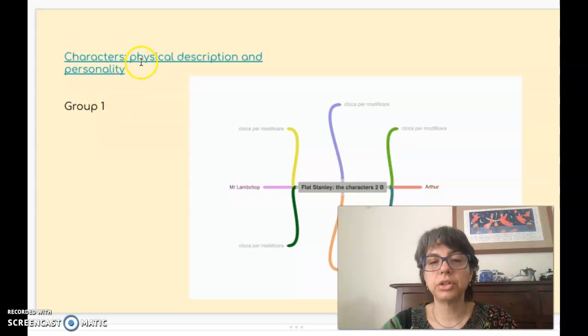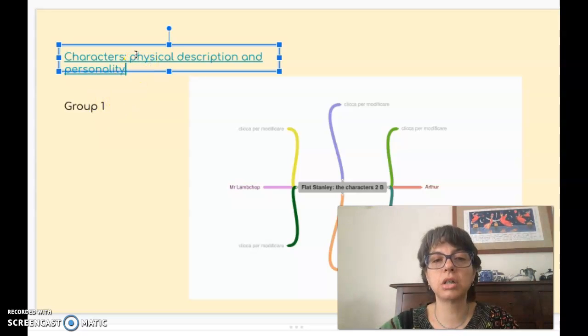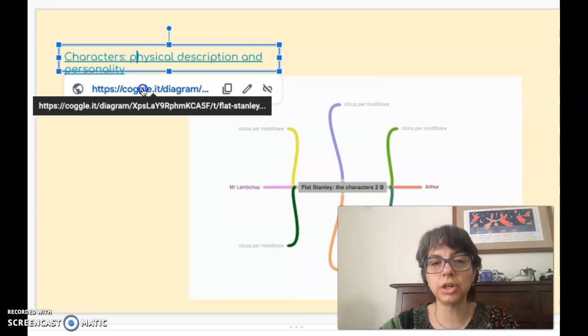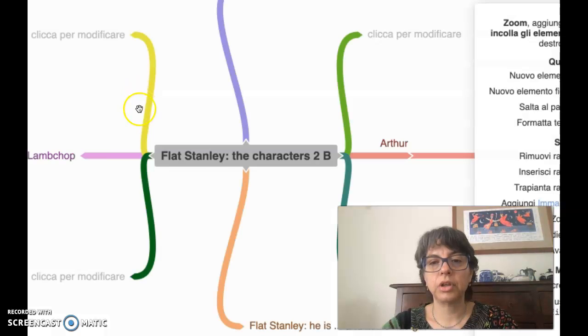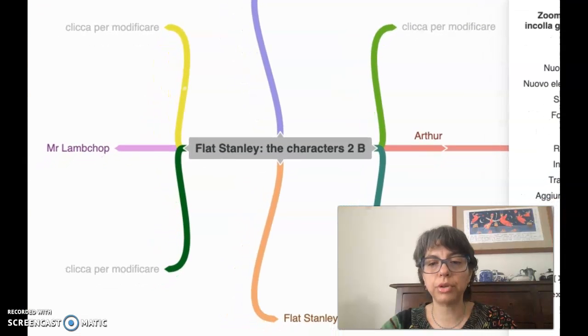and here you will work on these Google Maps. You click here and you will see this map. So what you can do is you can add the characters. For example, I wrote Flat Stanley here, then Mr. Lambjob and Arthur.